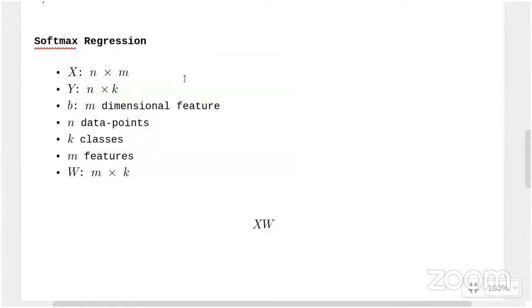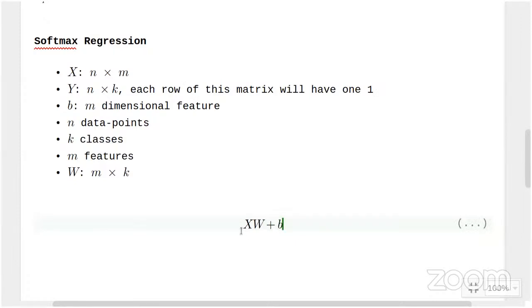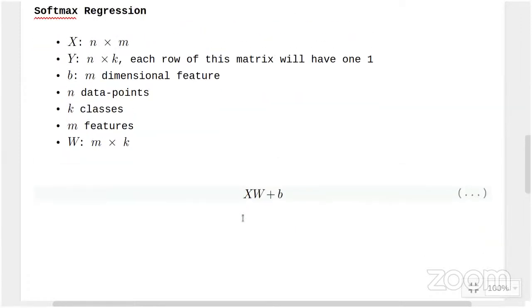So each row of this label matrix will have how many ones? One-hot encoding, right? So there'll be only one in each row of this matrix. Please don't forget that. So XW plus B is the linear combination, and on top of it you do a softmax.